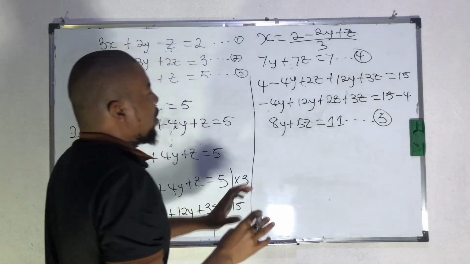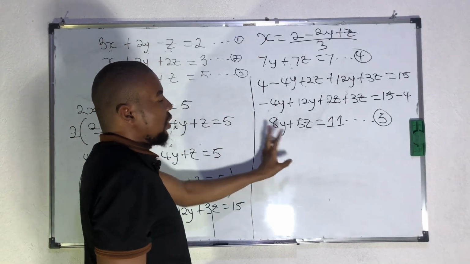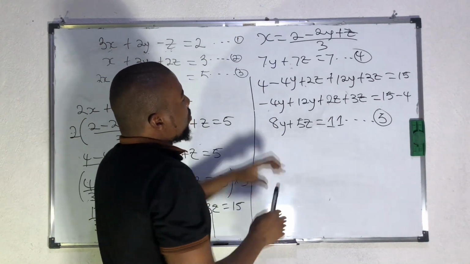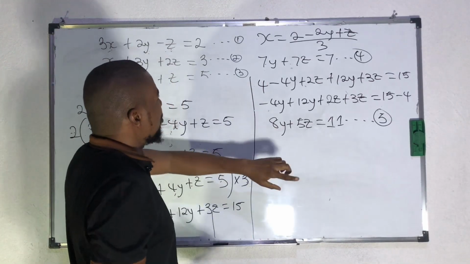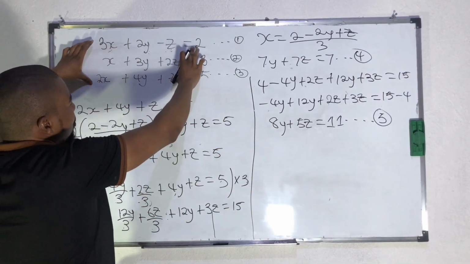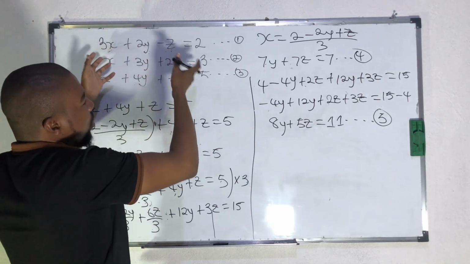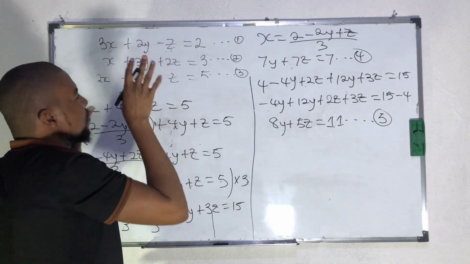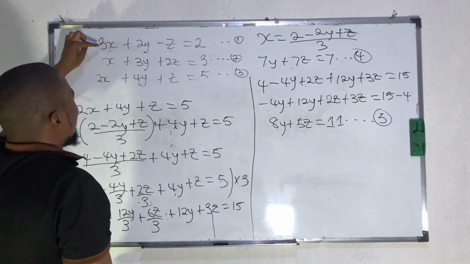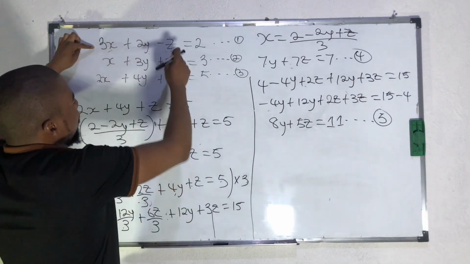We shall only start working with the fourth and the fifth equation. Why? Because we want to look for y and z. When we find y and z, we can now go and substitute the values of y and z into the original equation. We can choose either equation 1, 2, or 3, and that will help us to find the value of x. Once you have your y and z, just plug it in here.